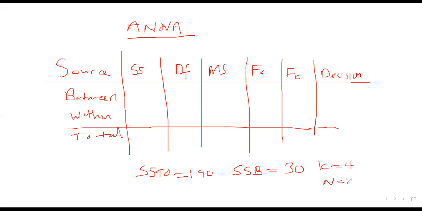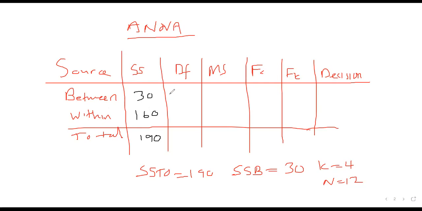So let's balance this up. This column here is the sum of square between, so between here we have 30. Total, we've been given 190. The difference, sum of square total minus sum of square between, gives us sum of square within. So 190 minus 30, we get 160.